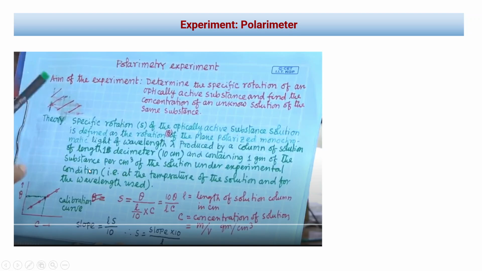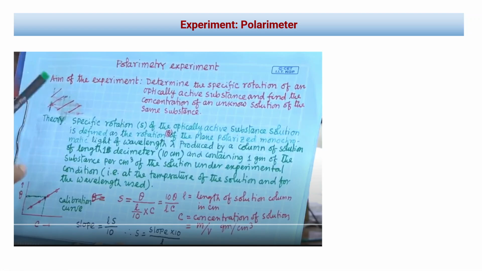We had to find the specific rotation value where the concentration is known. The specific rotation of an optically active substance, when we make a solution of it, is defined as the rotation of plane polarized monochromatic light of a given wavelength produced by a column of solution of length 1 decimeter, which is 10 centimeters, and containing 1 gram of substance per cubic centimeter. So the concentration we take is 1 gram per cc, and the liquid column is 1 decimeter.